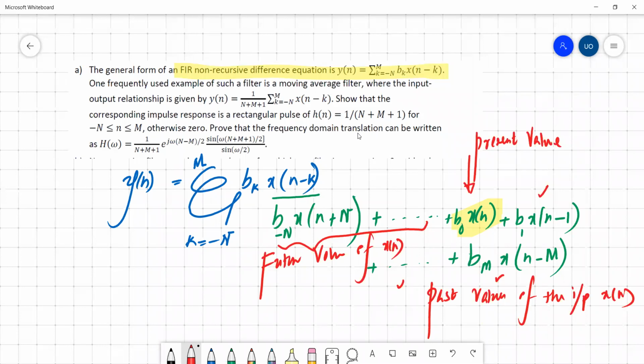And this is non-recursive, because for this particular case your output only depends on x. It does not depend on the previous states of y.